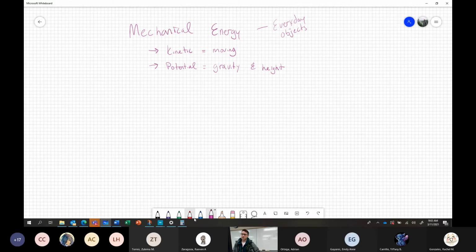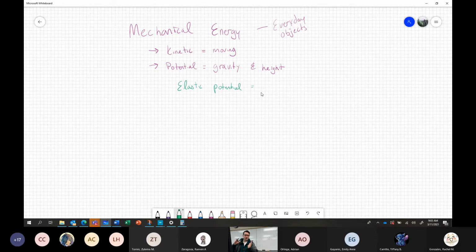There is such a thing that exists called elastic potential, which is the type of potential energy gained when a material is either pulled apart or squished together.